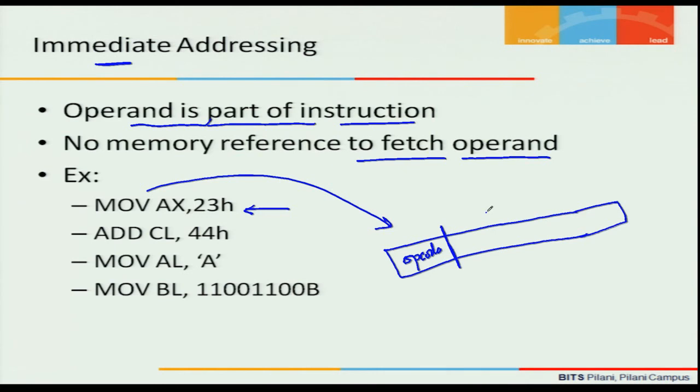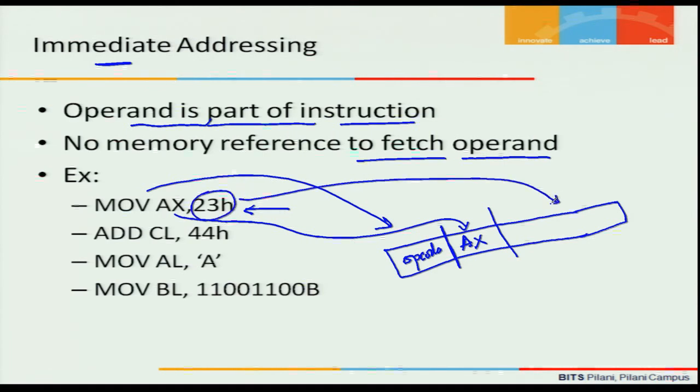The second thing which I will code in this instruction would be the code for AX, since there is a register to which a move is required. So the code for AX has to be part of the instruction. And the third thing which I will code in the instruction itself would be this immediate value 23 hex.